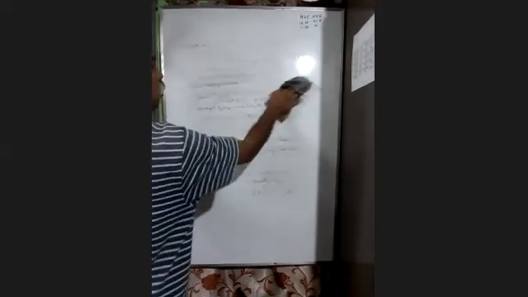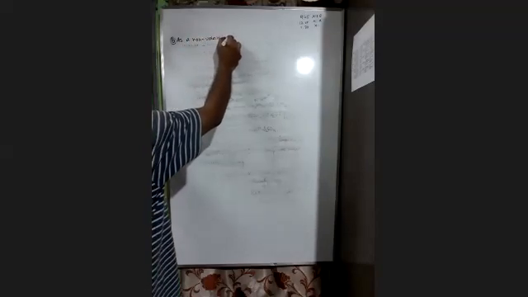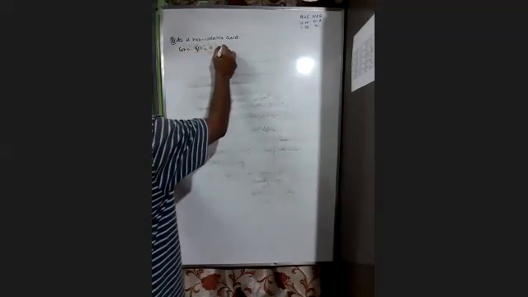Next one is as a non-volatile acid. Concentrated H2SO4 is highly viscous. Even if you boil it, vapor will not go. Concentrated H2SO4 is non-volatile.